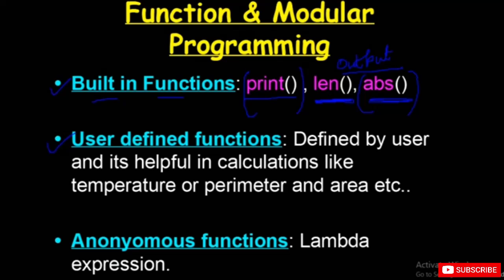now we are going to work on the user-defined function. What is a user-defined function? Well, that's helpful in calculations like temperature calculation, perimeter calculation, area calculation, and so many other calculations, where we are using different kinds of things. Like I have to define a class, I have to define some particular data for a specific segment of things.